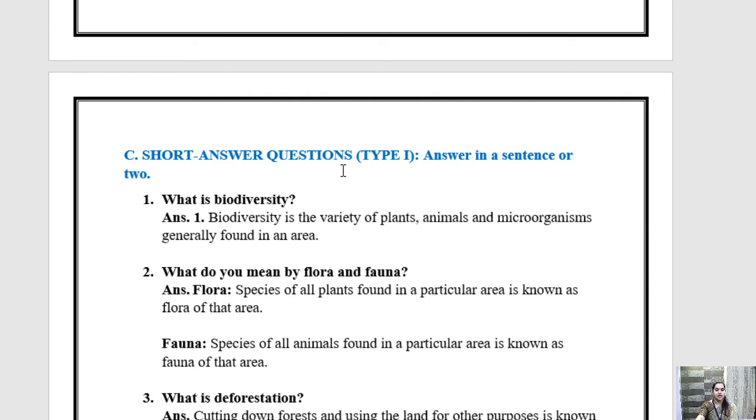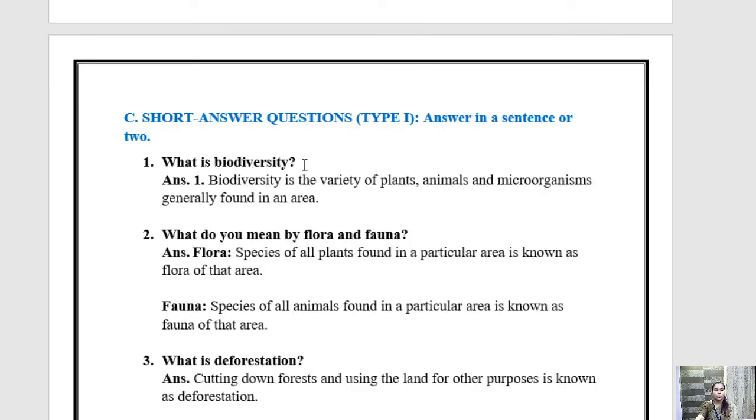Short answer questions type 1. Answer in a sentence or two. So question number 1. What is biodiversity? So just now I have explained to you what is biodiversity. Biodiversity is the variety of plants, animals and microorganisms generally found in an area.